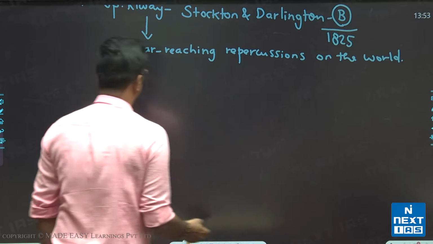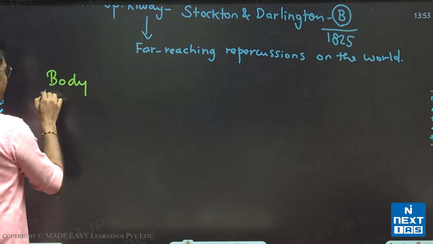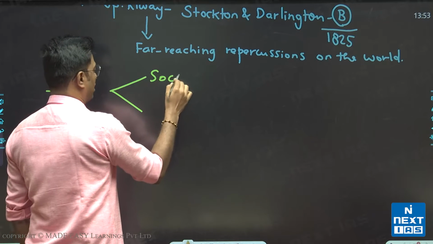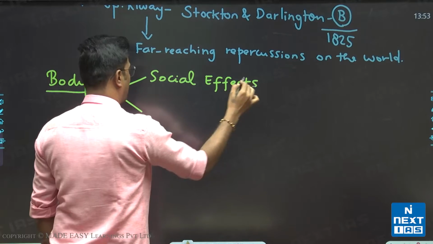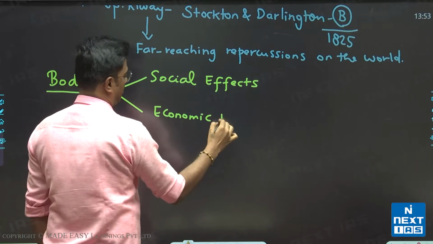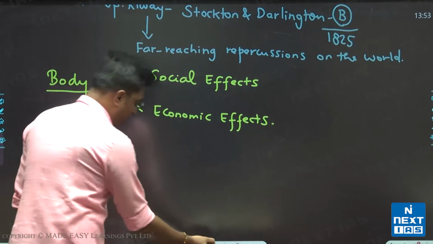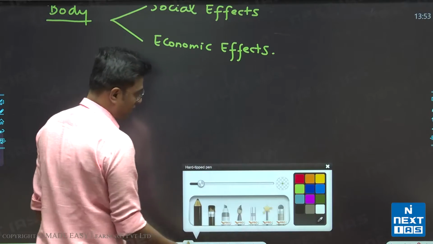So in the body, we'll divide the content between the social effects and economic effects. So what were the social effects due to the introduction of railways in various countries?